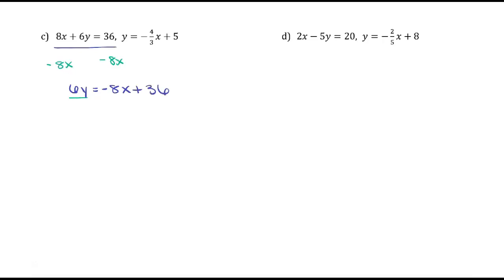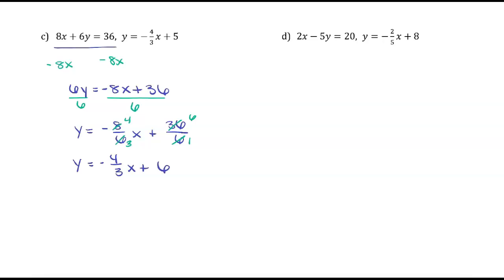We can also divide both sides of the equation by 6 to get y equals negative 8 over 6 x plus 36 over 6. We can simplify 8 over 6 by dividing both by 2. 2 goes into 8 4 times, 2 goes into 6 3 times. Also, 36 divided by 6 is 6. So our equation in slope-intercept form is y equals negative 4/3 x plus 6.